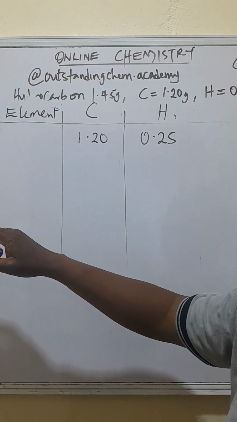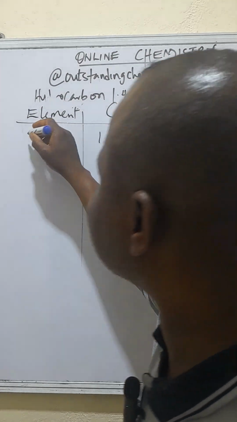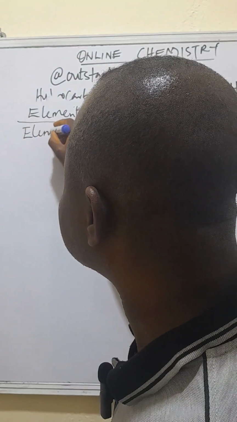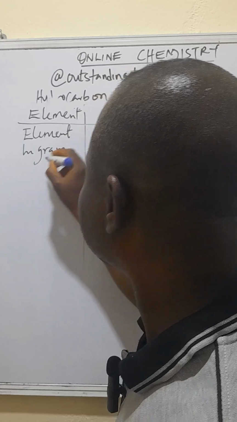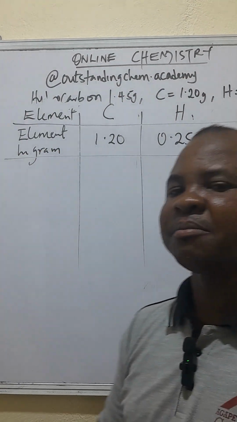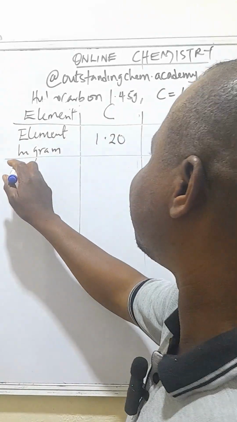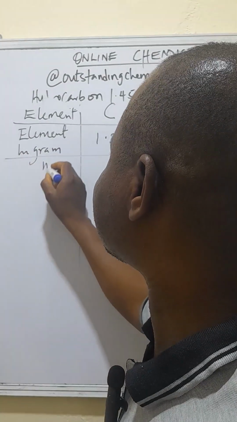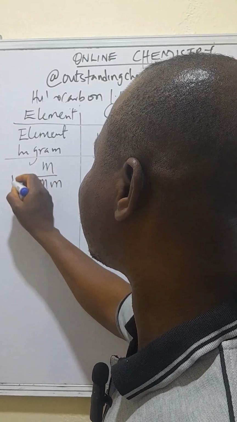So let's get back into this now. You can say the value of element in gram. The next thing now is you're going to be dividing by what? By their respective molar mass. Mass over molar mass gives us our n.